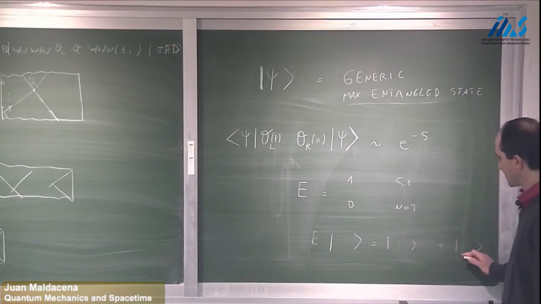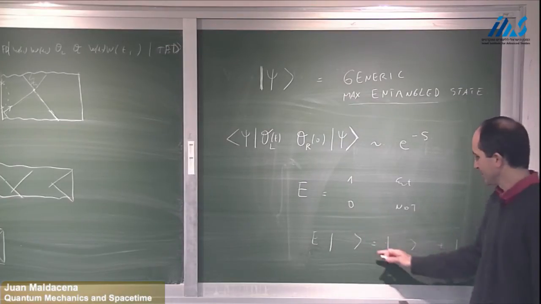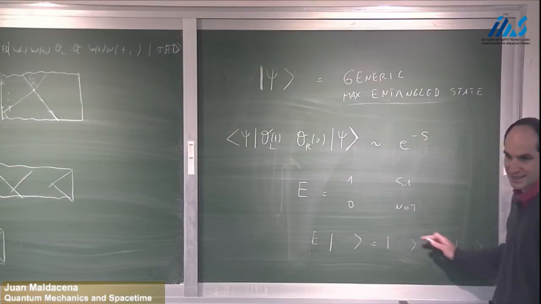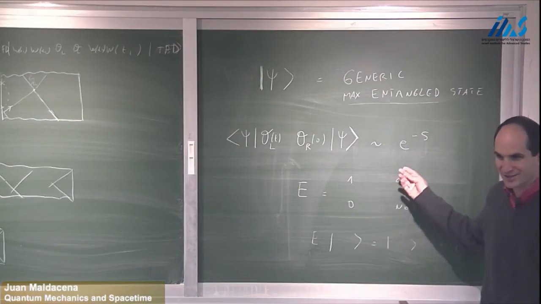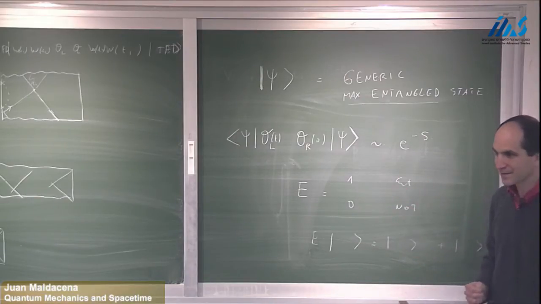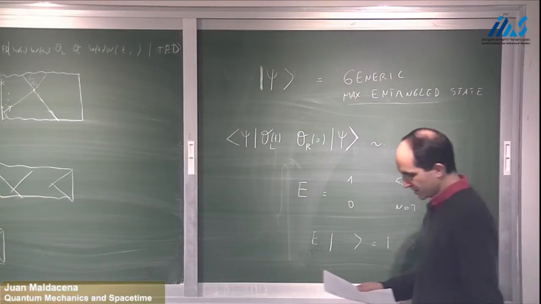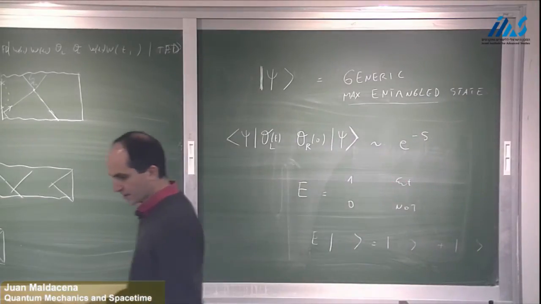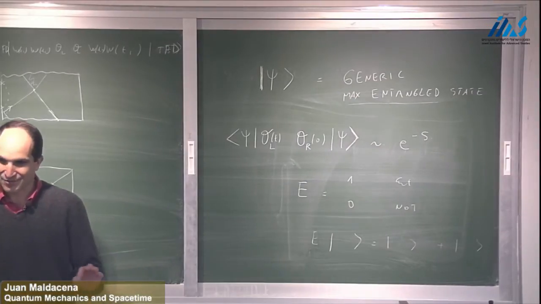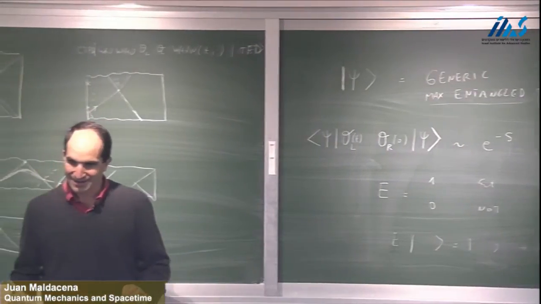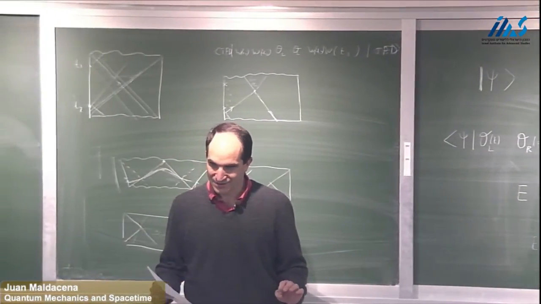Each of the two states is not entangled, and therefore we would get 0 acting here, and we take the sum, and we are supposed to get non-zero. So this shows that this is not a really proper notion.